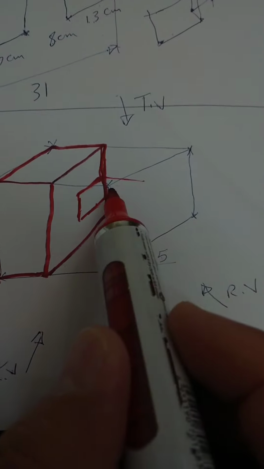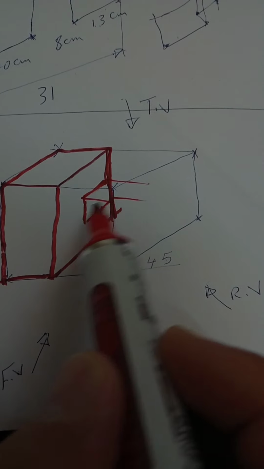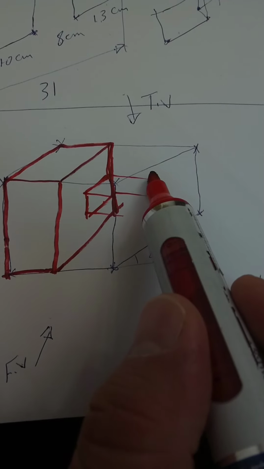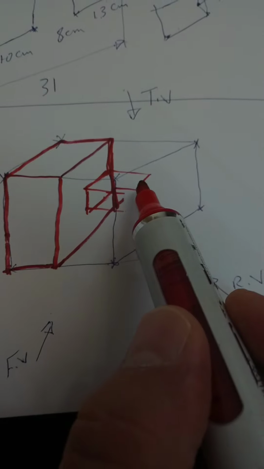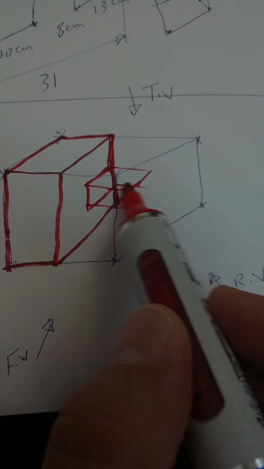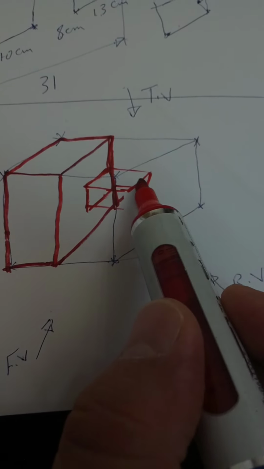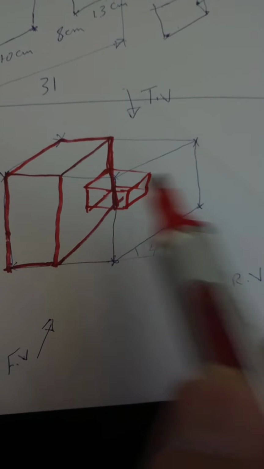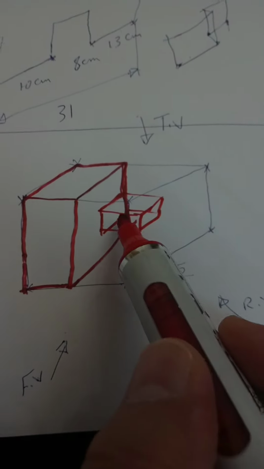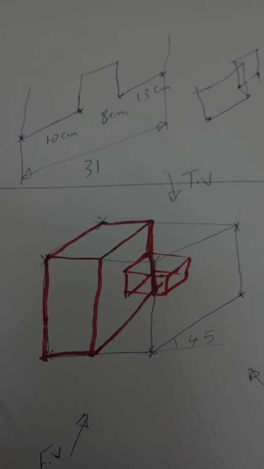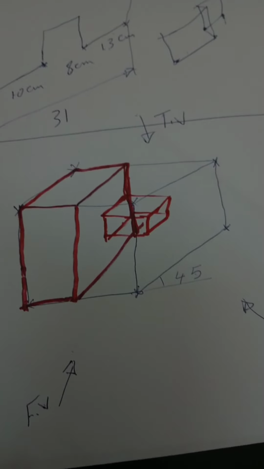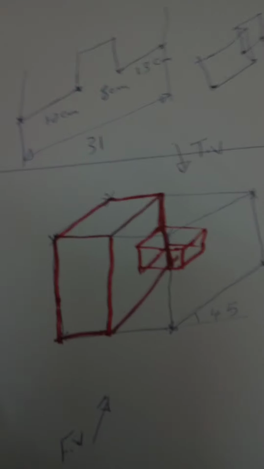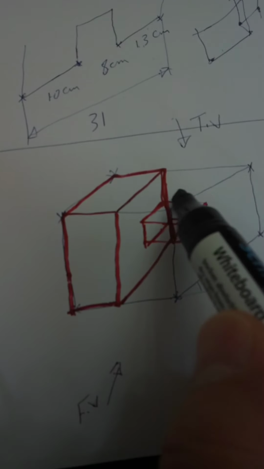It's out of the object, like this. So this is the given shape. Now the final shape will be like this.